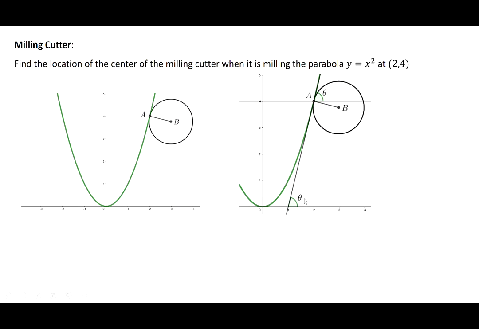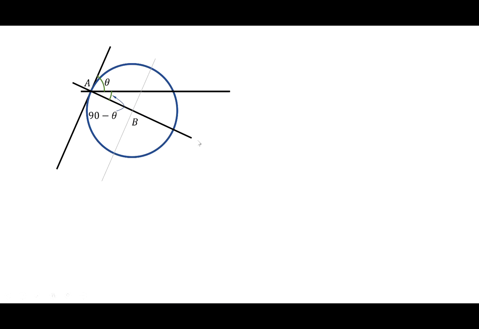So I could figure out the slope of the curve at that point using the derivative, and that meant I knew the tangent of theta, from which I can get theta. And once I knew theta, I could do a bit of geometry.